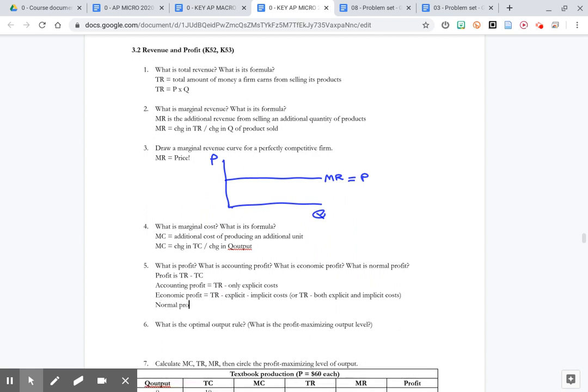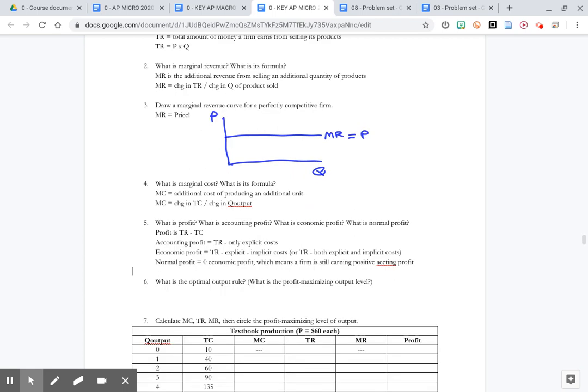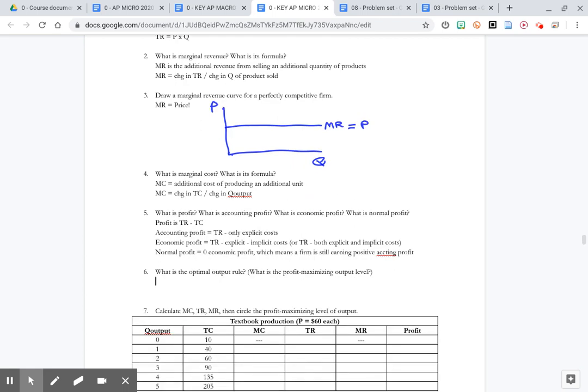Normal profit is equal to zero economic profit, which means a firm is still earning positive accounting profit. So the firm is still profitable from most people's view, but it's just covering all of its implicit costs. The optimal output rule is probably the most important idea in microeconomics.